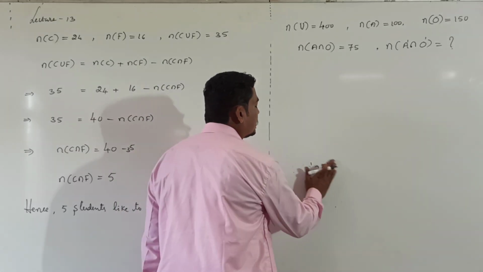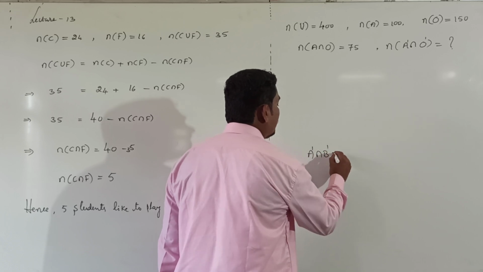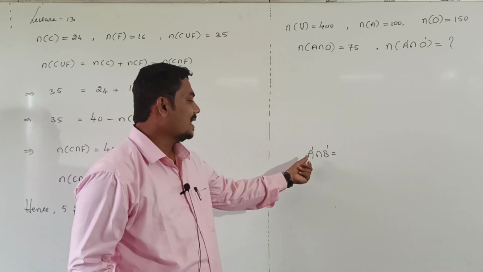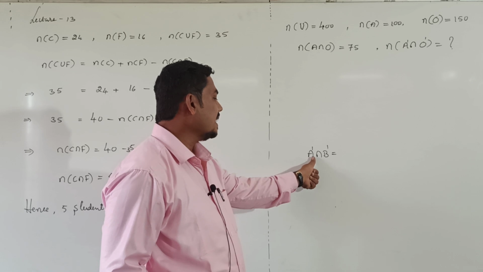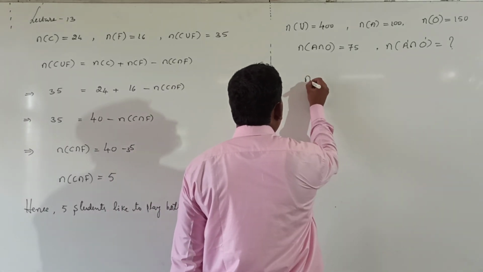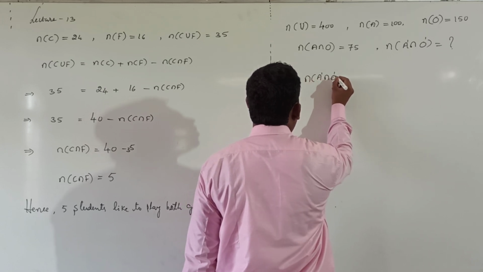Or simply it is A complement intersection B complement, which stands for neither A nor B. Neither A nor B means A complement intersection B complement. In this case we need to find A complement intersection O complement.